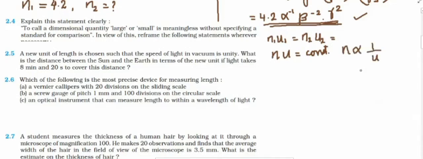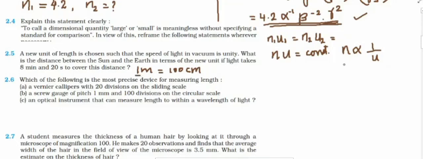What is the meaning of that? If the unit is big, n is small. If the unit is small, then n will be large. We explain this with a simple example. 1 meter is equal to 100 centimeter. There you can see the unit centimeter is small, then the numerical value is 100, which is big. The unit meter is big compared to centimeter, then the numerical value is small.